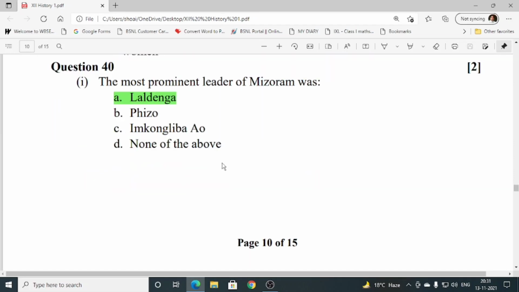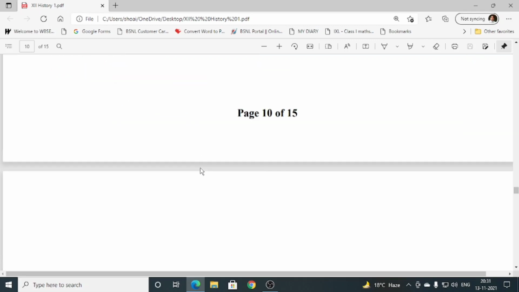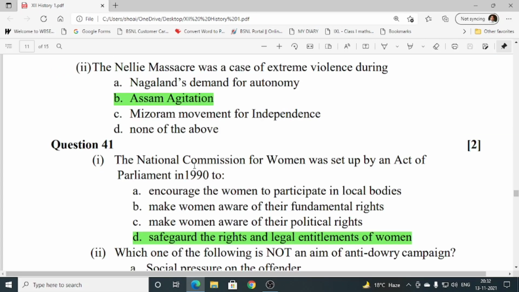Number 40, the most prominent leader of Mizoram was Lal Denga. Okay, then next one, number 2, the Nelly massacre was a case of extreme violence during the Assam agitation.